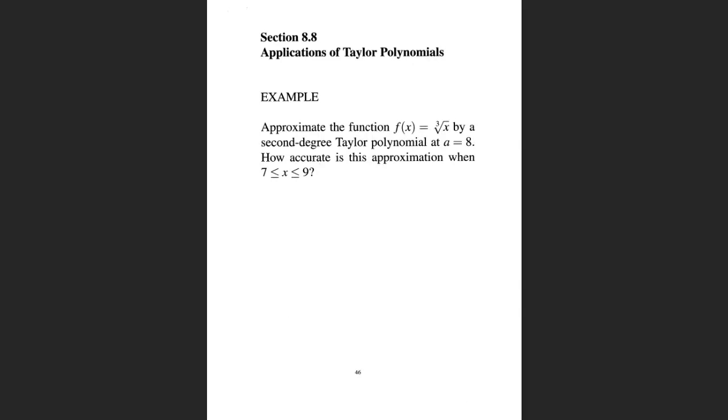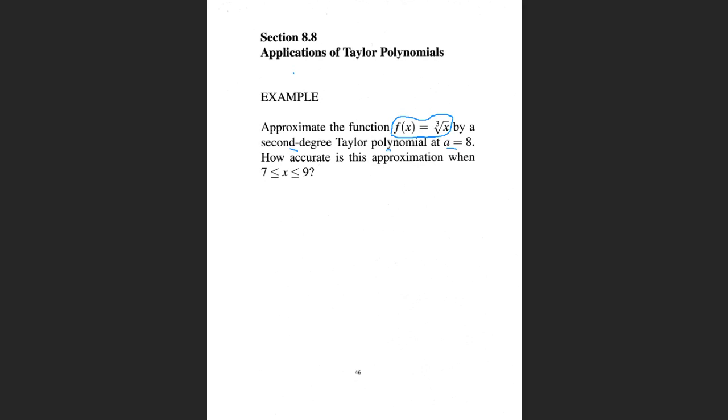Okay, so in this problem, we have the cube root of x. Our function of concern is the cube root of x. And we are going to approximate that function by a second degree polynomial about a equals 8.